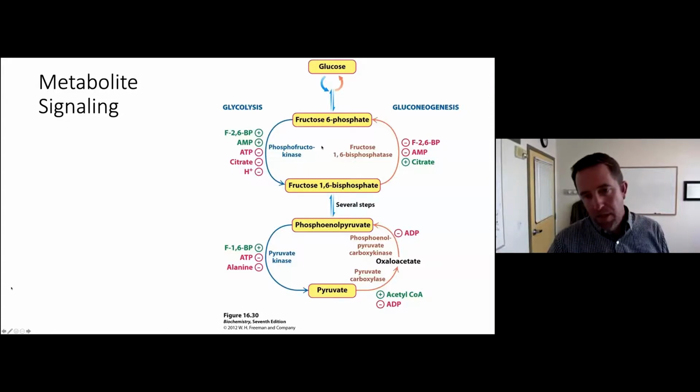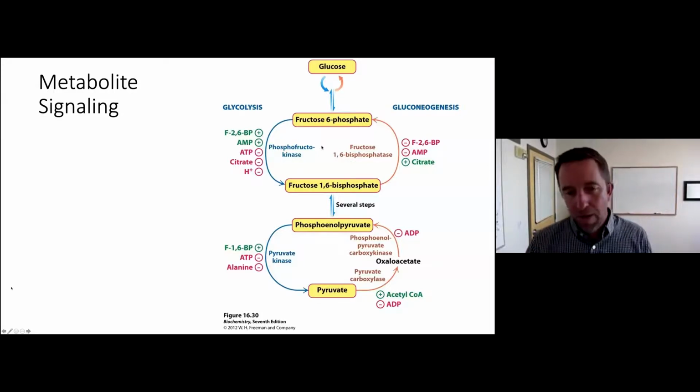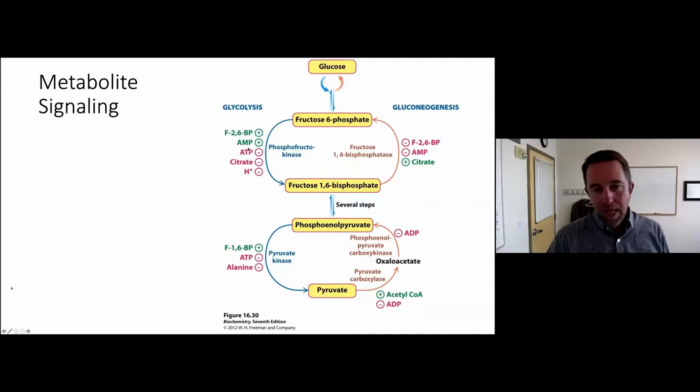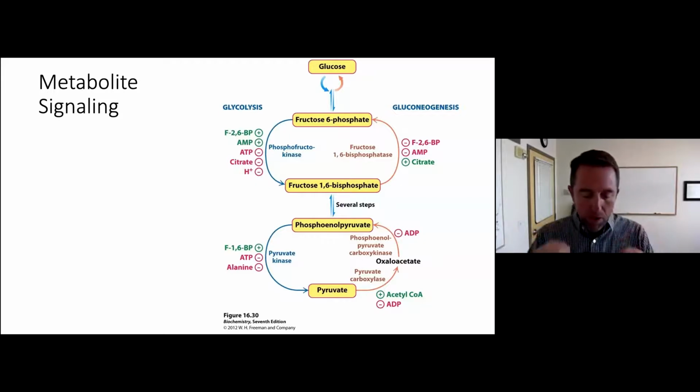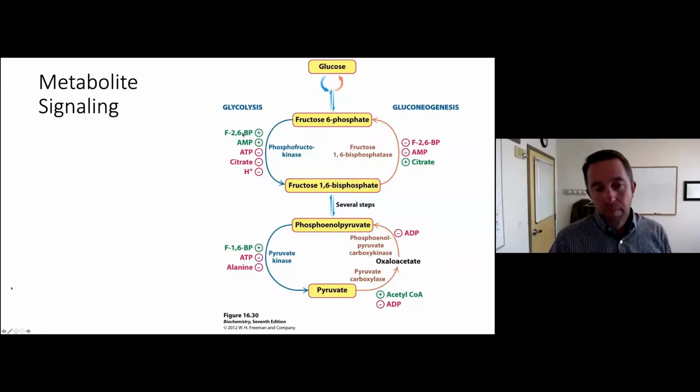And I hesitate to show this slide because it emphasizes what I think is a false impression, that metabolites only signal to metabolic enzymes. I believe, and we know many examples, but we only know the tip of the iceberg, that metabolites signal everywhere in the cell.